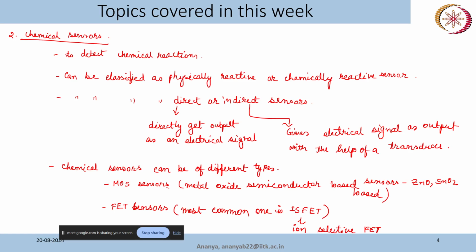This is very important. As we discussed earlier, selectivity is one of the main characteristics of a sensor. We want the sensor output to change because of the target analyte, not due to some other chemical. So in an ISFET, due to the concentration of that particular ion that we want to detect, the gate potential changes, and that gives rise to the output, the change in the source drain current, which we can detect. So these are very specific to the target ion. So this is a brief introduction about chemical sensors.